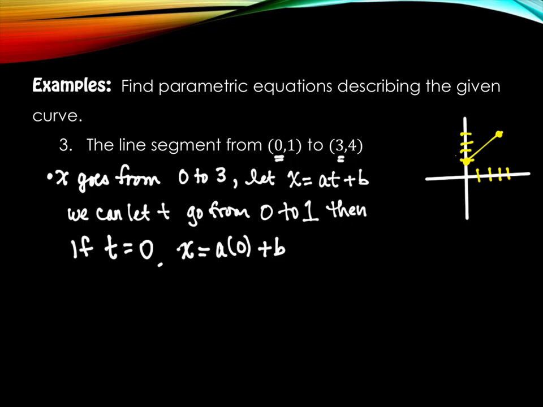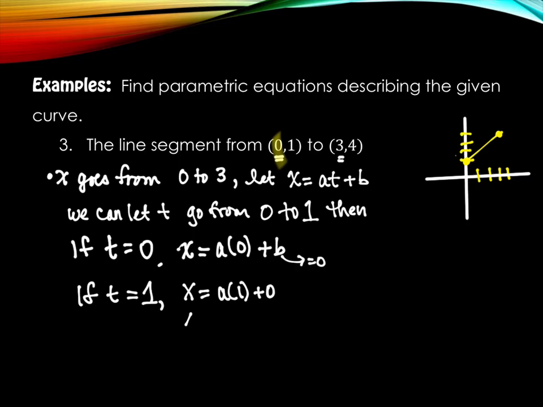All good? But what do we want the x value to be when t is 0? We want it to be 0, right? Why? Well, because that's the first point we started at. The x value initially is 0. And if t is equal to 1, then x is going to equal a times 1 plus 0, because we just figured out that b is now 0, right?